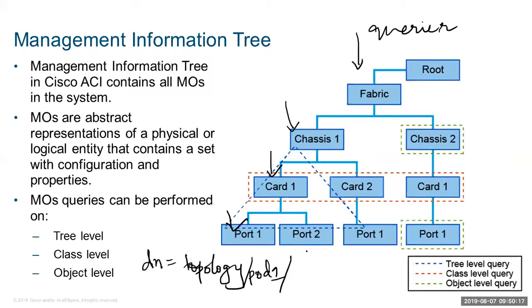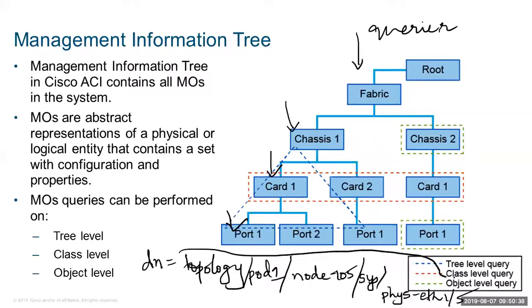Within the pod 1, I have a node 105. And on that system, the physical interface, which is Ethernet 1/5 or something. This entire thing would be called a distinguished name. It just identifies that object uniquely in that tree.